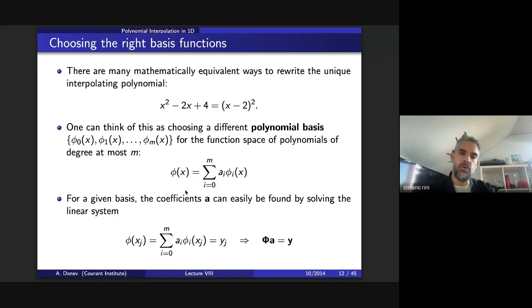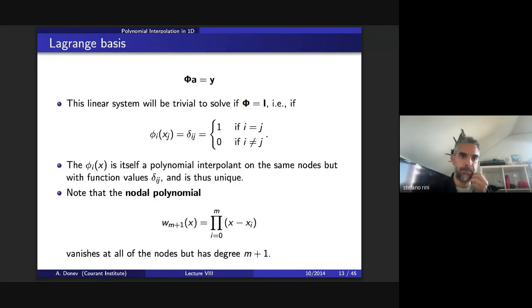And then if you use this basis to represent your space, then what you're doing is computing the projection of your function onto your basis, and then you will recover the matrix multiplication setting that we had a couple of slides ago.